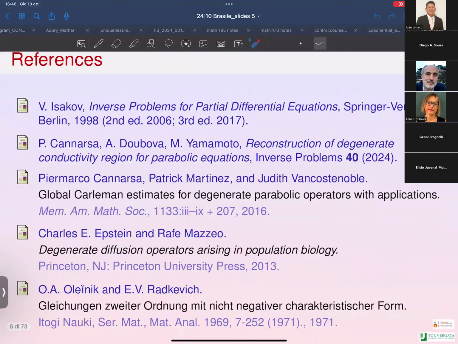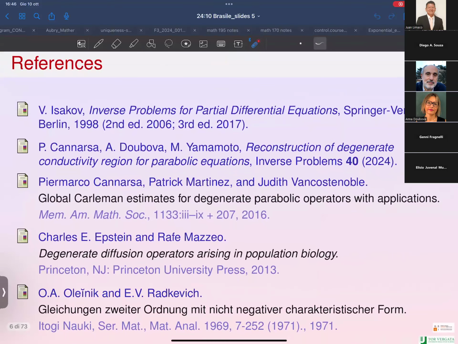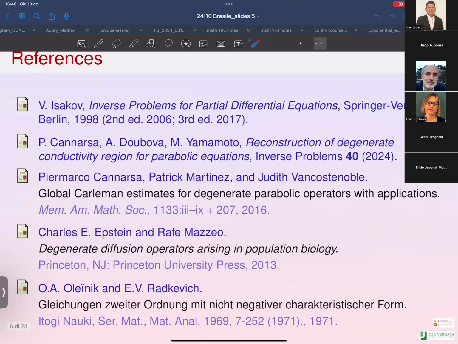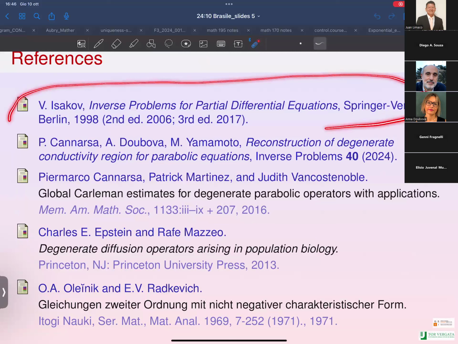Okay, there is a huge literature on inverse problems. No point in recalling most of it. And let me just recall the book by Isakov, where in particular this kind of inverse problem, reconstruction of the conductivity coefficient, is thoroughly studied, always in the non-degenerate case, for uniformly elliptic or uniformly parabolic equations.